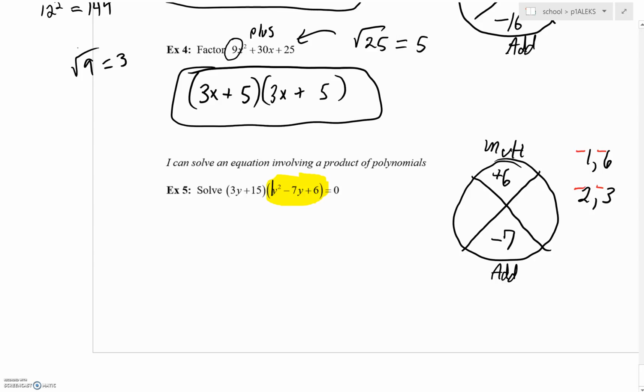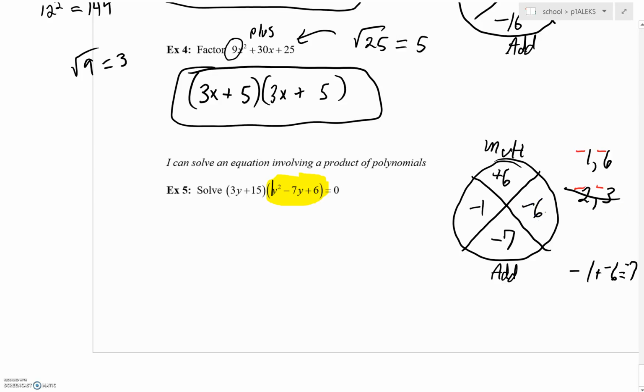To multiply to a positive number, either you've got 2 positives or 2 negatives. The fact that you're adding to something negative tells you both have to be negative. Well, it's negative 1 plus negative 6 that equals negative 7. The negative 2 plus negative 3 won't do the trick.